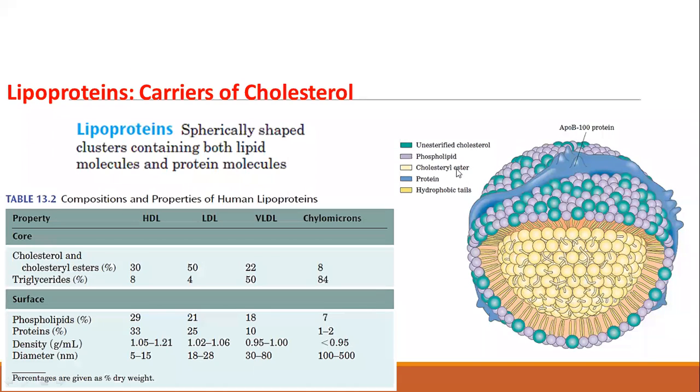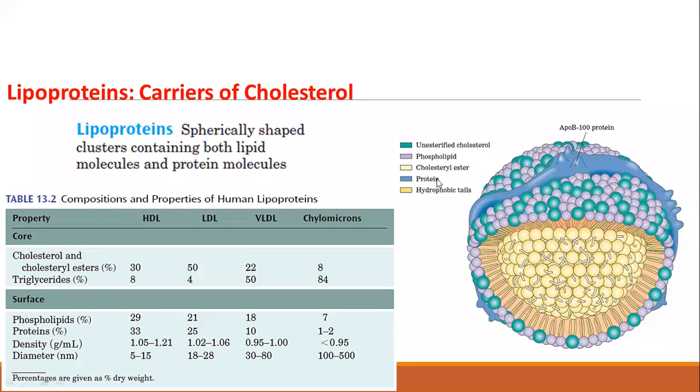And then you have your cholesterol ester, it's just like cholesterol. And then your hydrophobic tails, the yellow ones, you have the hydrophobic tails from your phospholipids here. Okay, and the green, unesterified cholesterol.